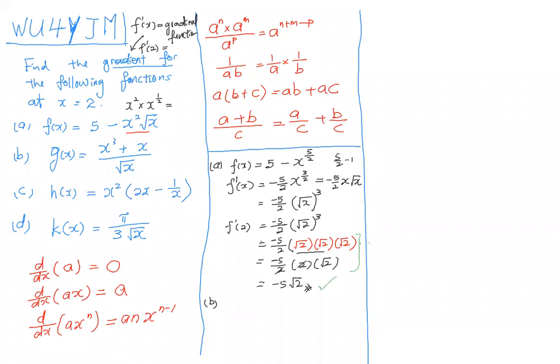Okay, now g(x). Let's talk about g(x). So how can we simplify g(x)? Expand. x cubed over square root x plus x over square root x.